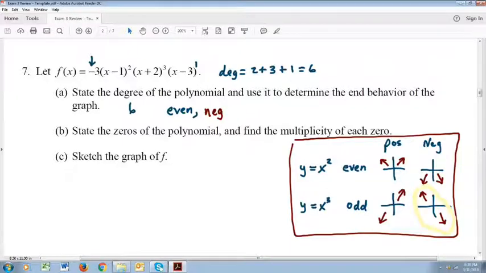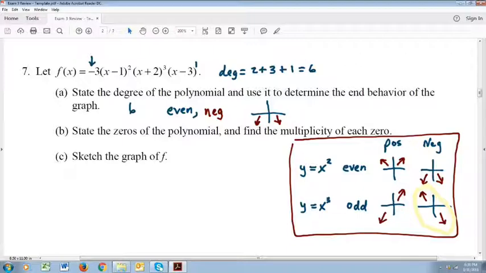Alright, so in this case, it's going to fall on both ends. Let's see, and I need to fix that. So it would look like this.